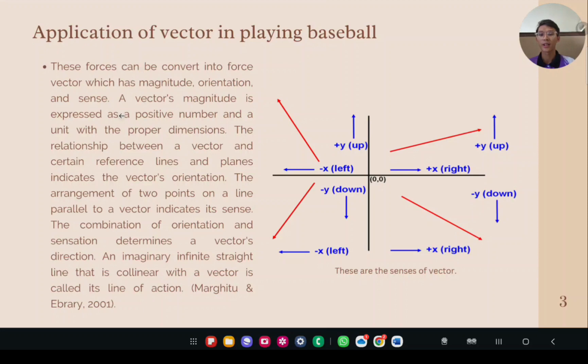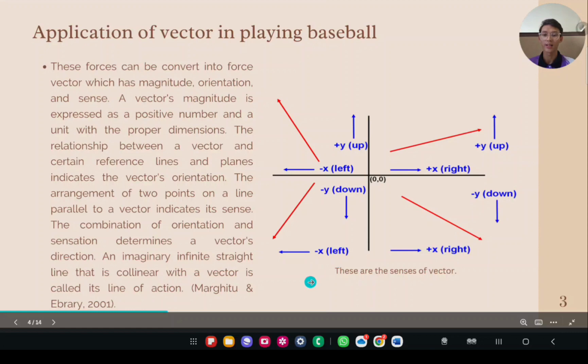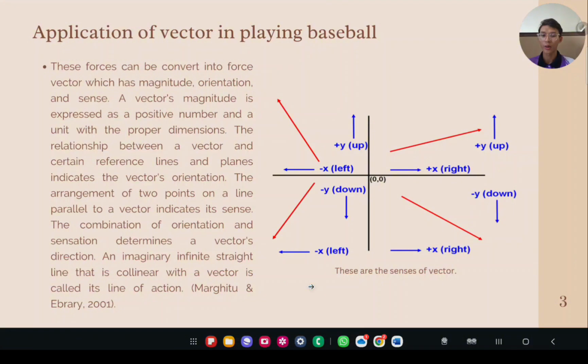A vector's magnitude is expressed as a positive number and a unit with the proper dimension. The relationship between vector and certain reference line and plane indicate the vector orientation. The arrangement of 2 points on a line parallel to a vector indicates its sense.